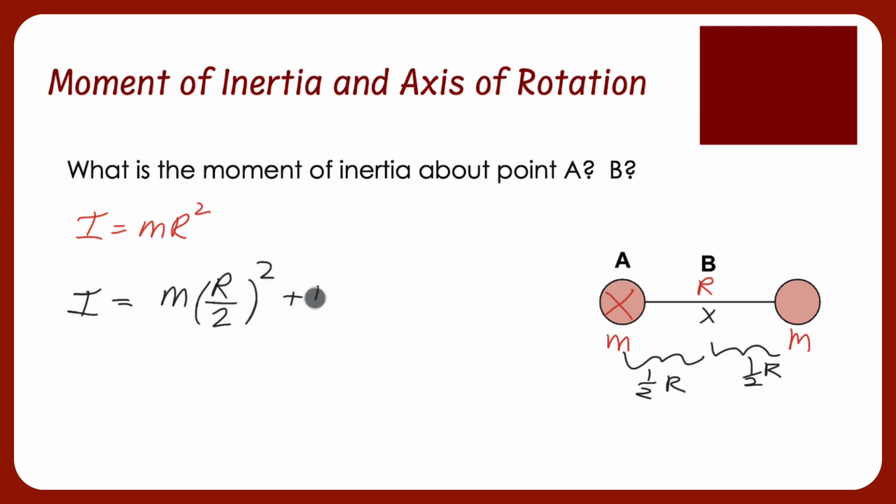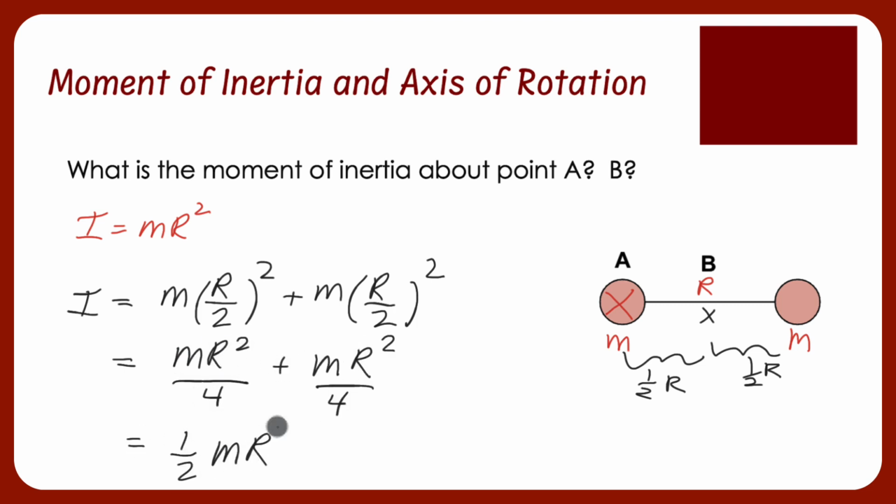And I have my second one. So you notice that if I rotated around this point, my moment of inertia was mr squared. But if I rotate it about this point, now my mass is distributed differently. I have a different moment of inertia.